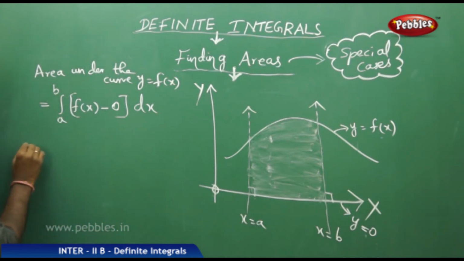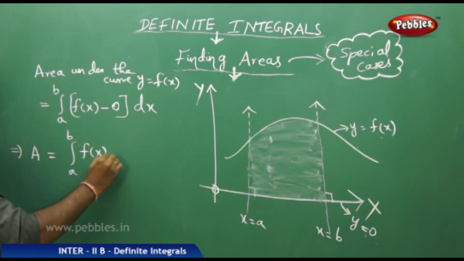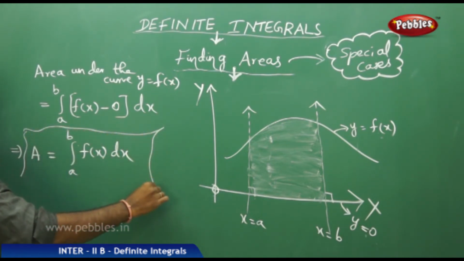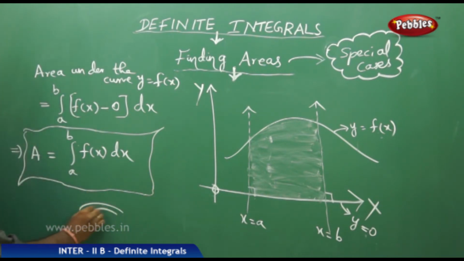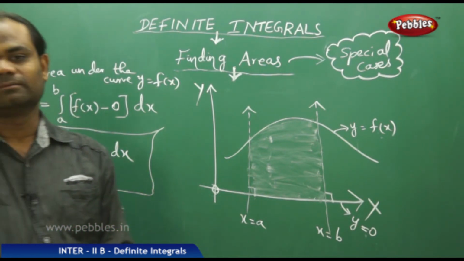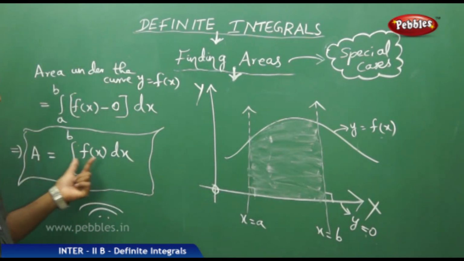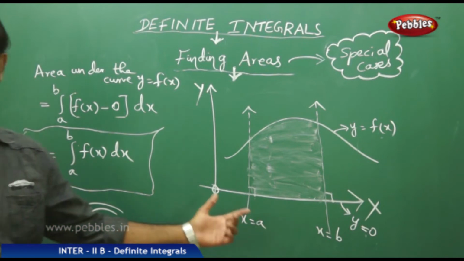If you simplify this, the area under the curve, denoted by A, is the integral from a to b of f of x dx. This is how we get the area under the curve y equal to f of x for a single curve.